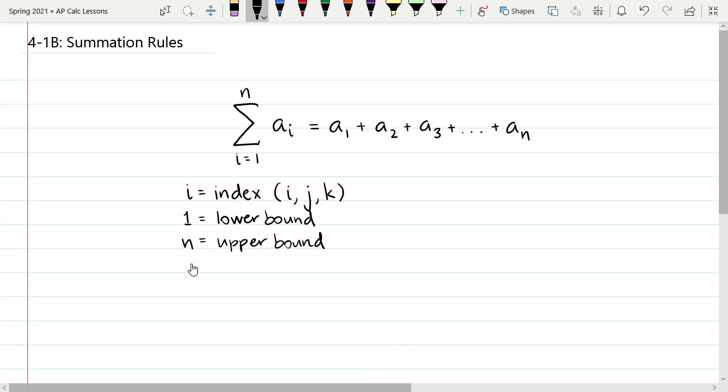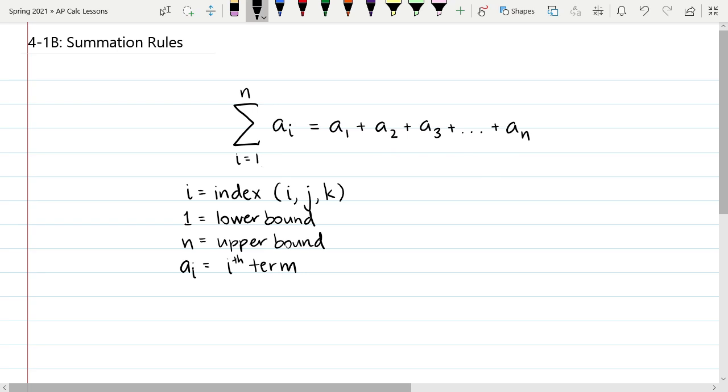And then the a sub I, that expression, is the ith term. So in other words, if I is 1, this is the first term. If I is 2, this is the second term, etc. Okay, so hopefully that's a refresher for you regarding summation notation.